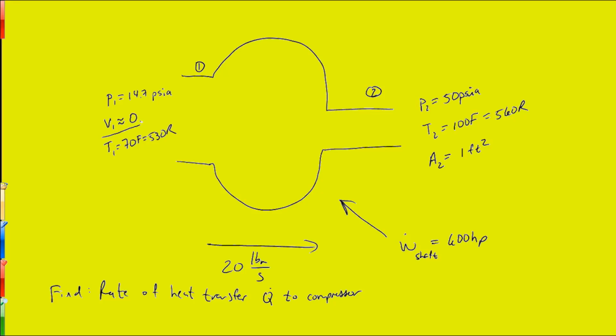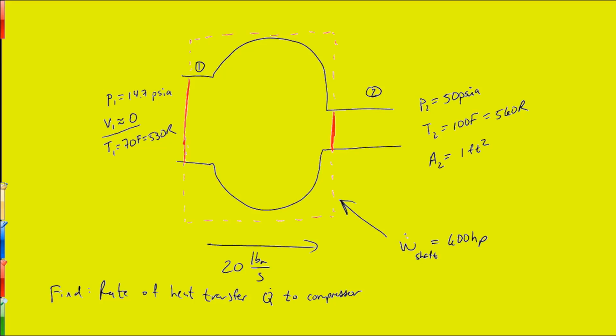So the first thing we're going to do, of course, is draw our control volume around the compressor like that. And so we know that the only control surfaces where anything is actually crossing our boundary are given by the solid red lines.